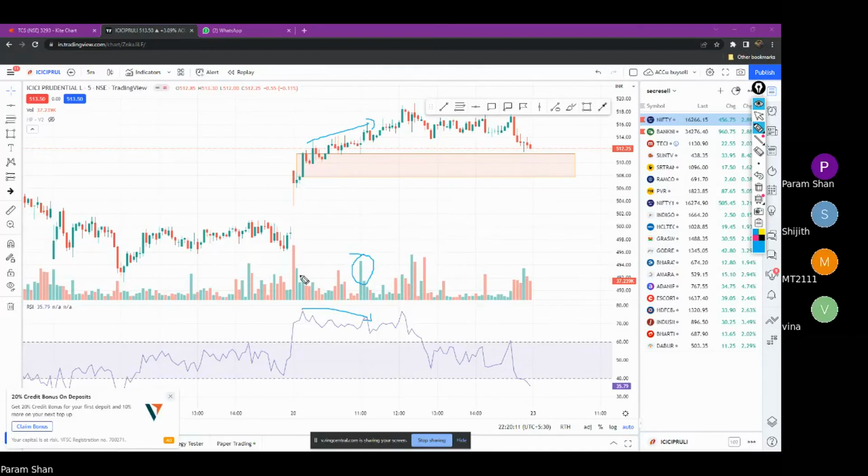You had a divergence here, but the divergence did not lead to the price falling. If the same volume had been taken out by the sellers, then definitely the price could have fallen at least till our support area. So when you spot a divergence, then look at the volume also as a confirmation.